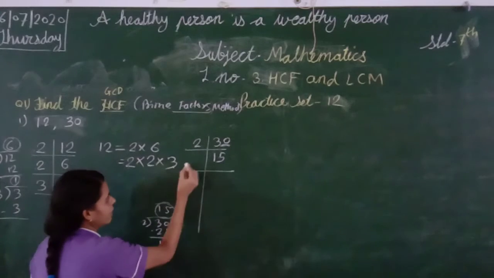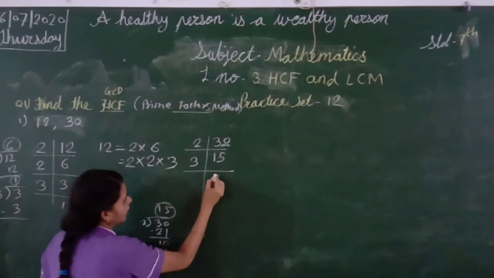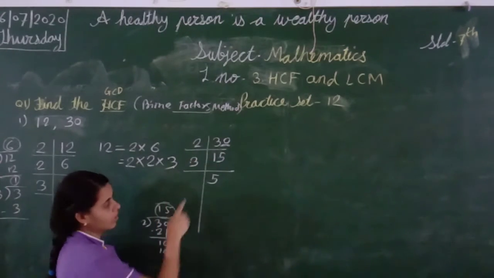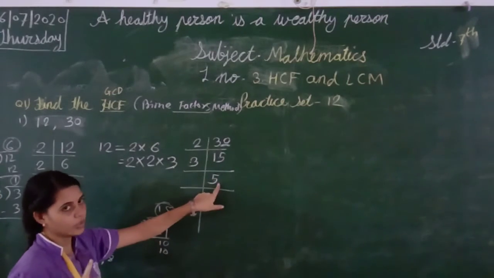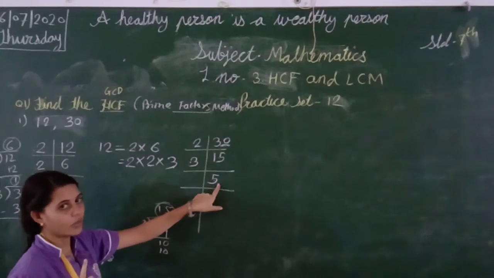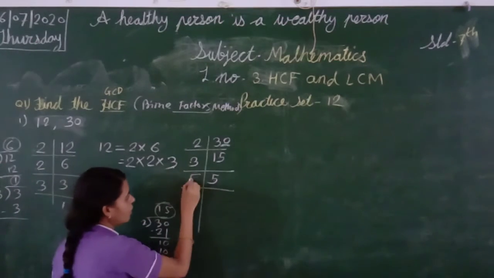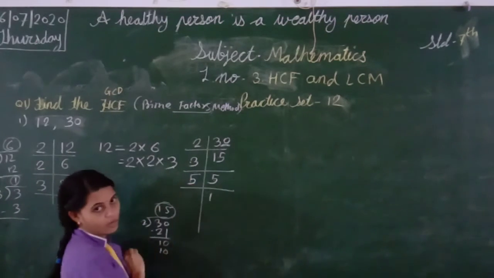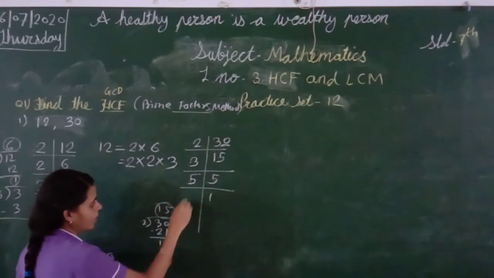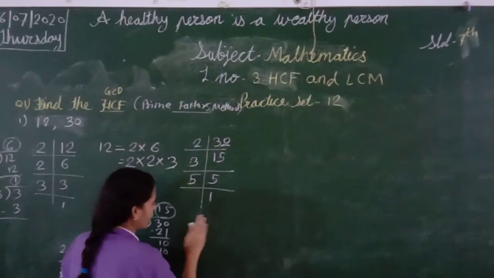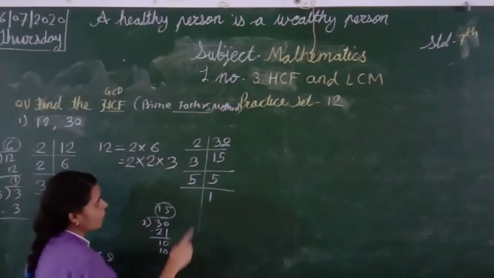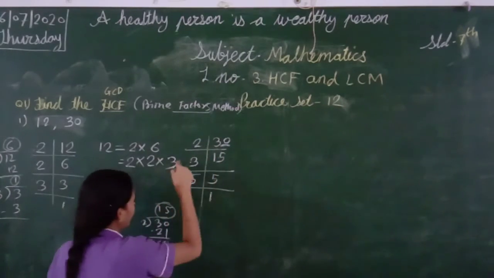Yes, so we divide by 3. 3 fives are 15. Does 5 come in table 2? No. 3? No. 4? No. 5, yes, so 5 ones are 5. When the last number is 1, our factorization is done. Finish.